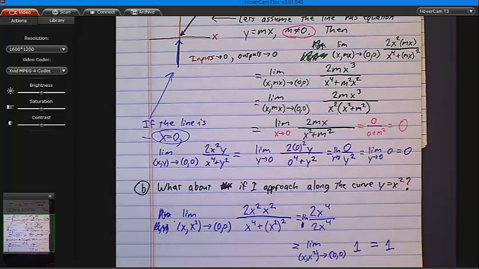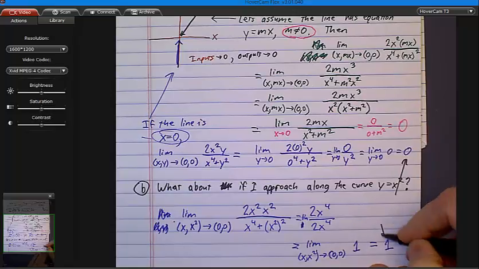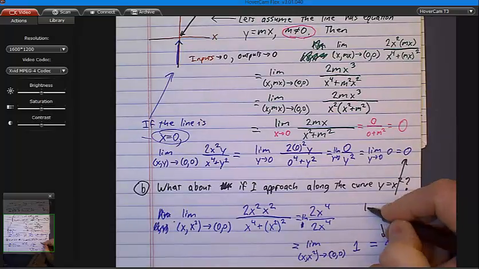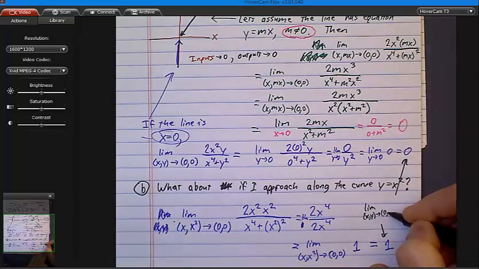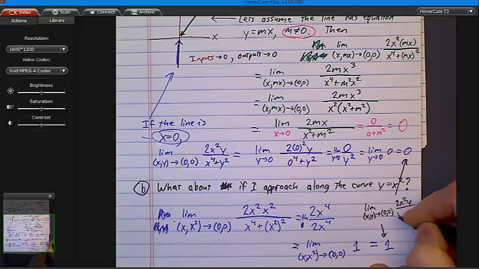And it's so weird that computer programs like GeoGebra have a really tough time graphing this function. This function, by the way, because you're getting two different limits, the limit as (x, y) approaches (0, 0) of 2x squared y over x to the fourth plus y squared does not exist.